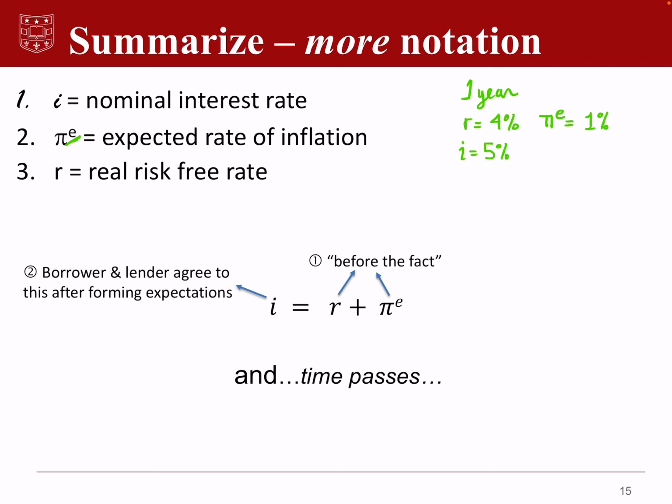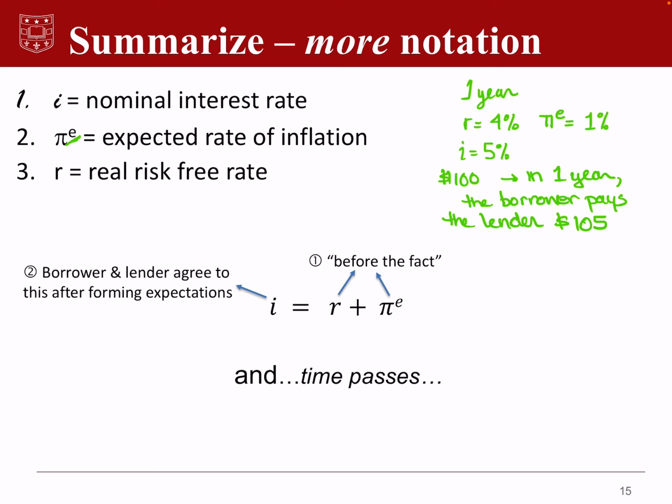be 5%. So for instance, if it's $100 that is being transacted, then in 1 year, the borrower pays the lender $105.